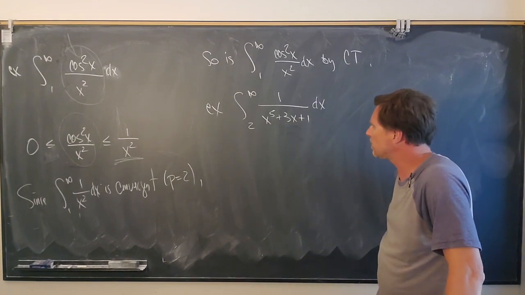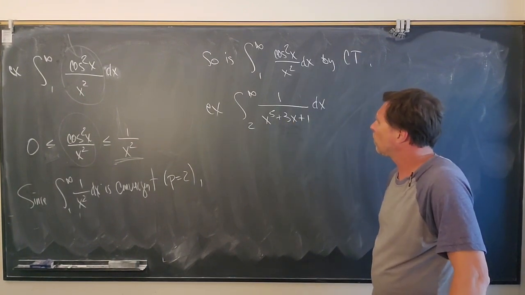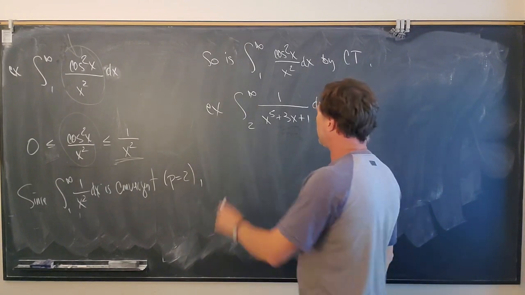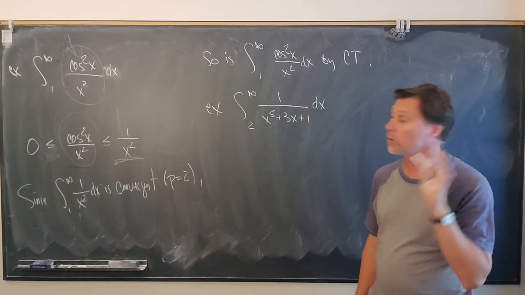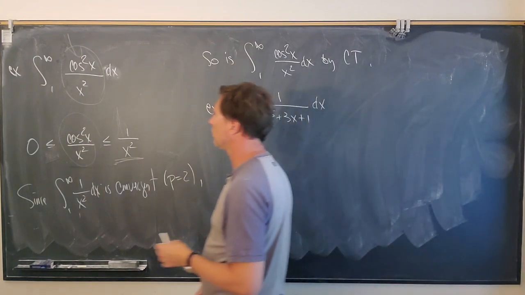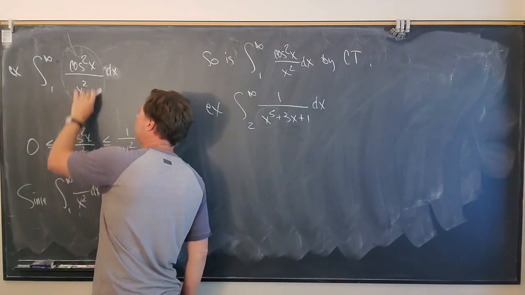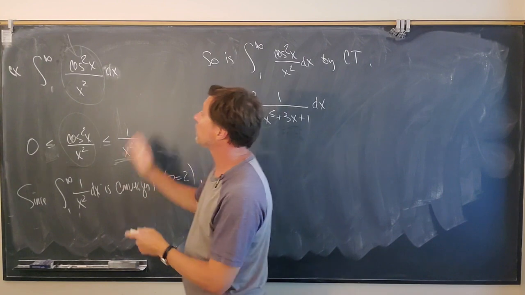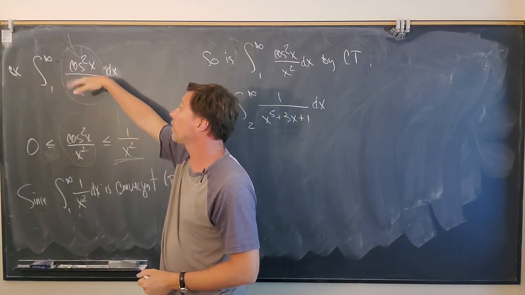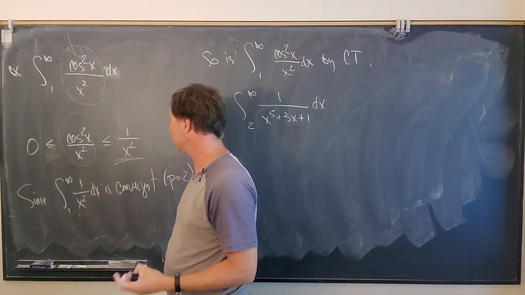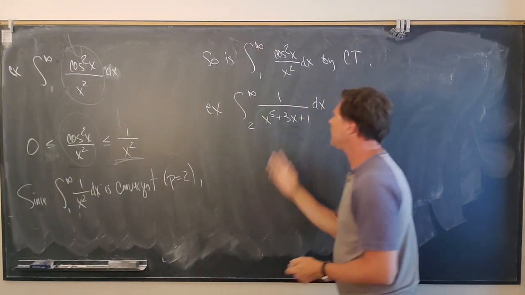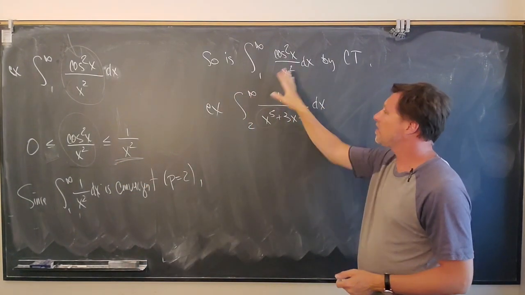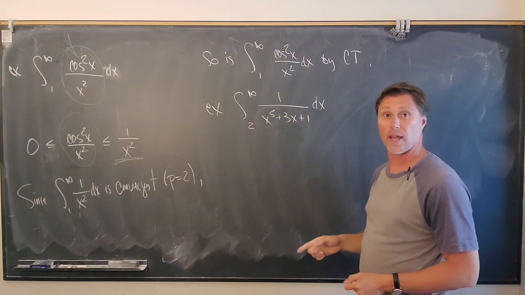Instead, what I want to use is the comparison test, and what we want to do is focus on the dominating term. In this case, I've got an x to the fifth in the denominator. And that is really what I did in the last example. I noticed that our dominating term there is x squared, and so the idea is that this integral will behave essentially like a 1 over x squared. Same thing here, even though I've got this extra stuff, this one is going to behave just like a 1 over x to the fifth.